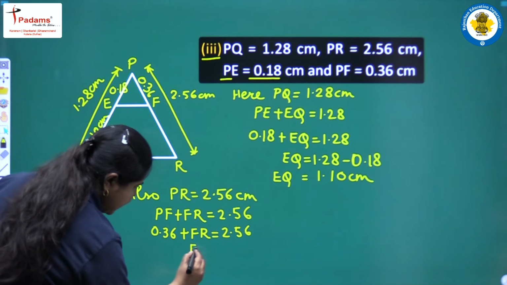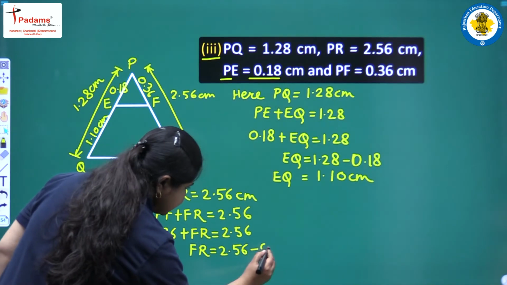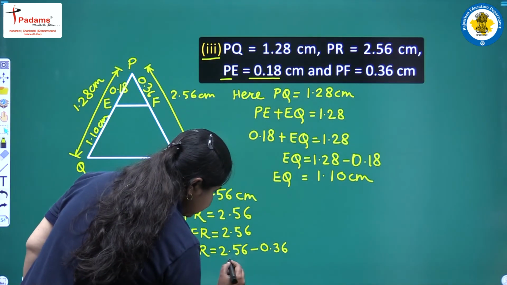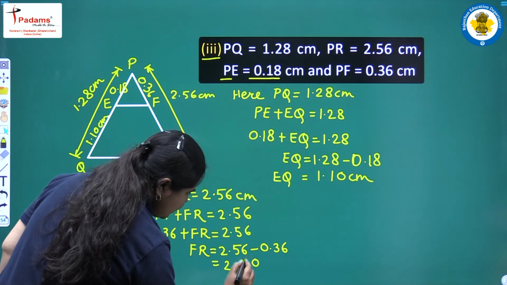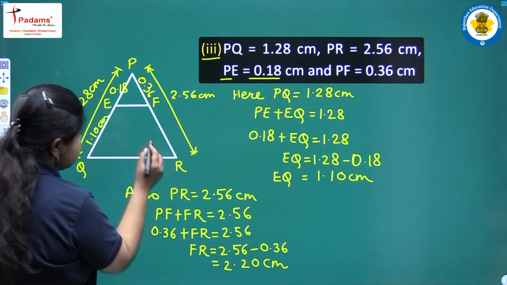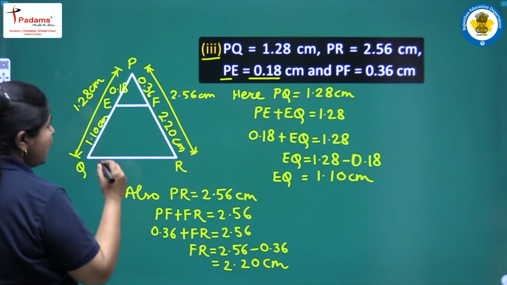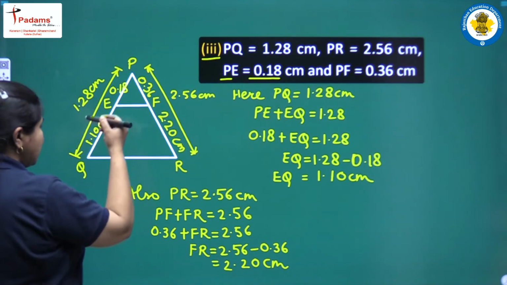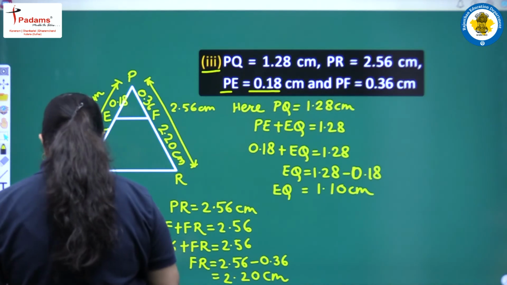From here we can write FR equal to 2.56 minus 0.36, and this is 2.20 centimeters. Now we can easily take the ratio PE upon EQ and PF upon FR. We take the next page.